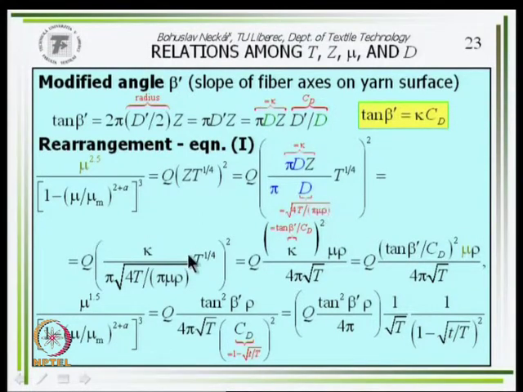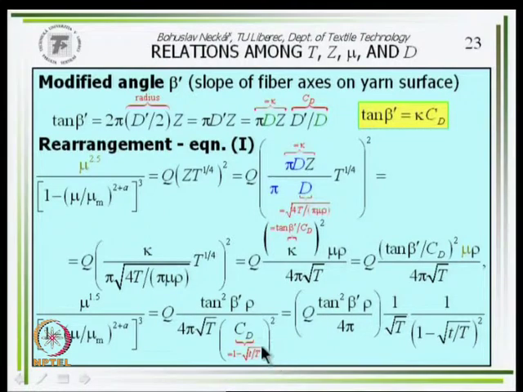So we obtain this expression after graphically rearranging it with black symbols. Kappa from this expression is tangent beta dash by CD. Tangent beta dash by CD, so I obtain this here on the right hand side. So the left hand side is this here.